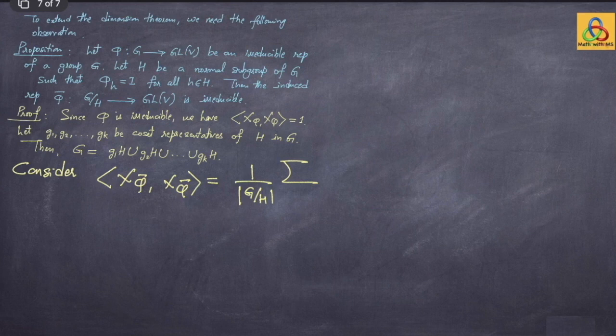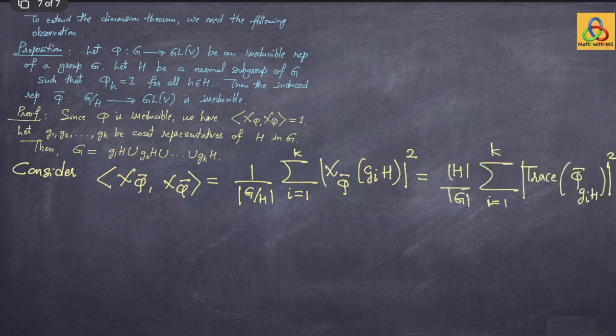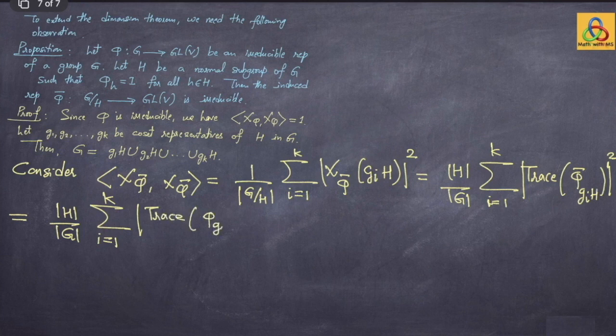So the inner product of chi phi bar by definition is 1 by the order of the group, which is the index of H in G, then summation i from 1 to k, absolute value of chi of phi bar at giH mod square, which is the same as order of H by order of G, summation i from 1 to k, trace of phi bar at giH mod square, which is the same as order of H by order of G, summation i from 1 to k, trace of phi of gi mod square.